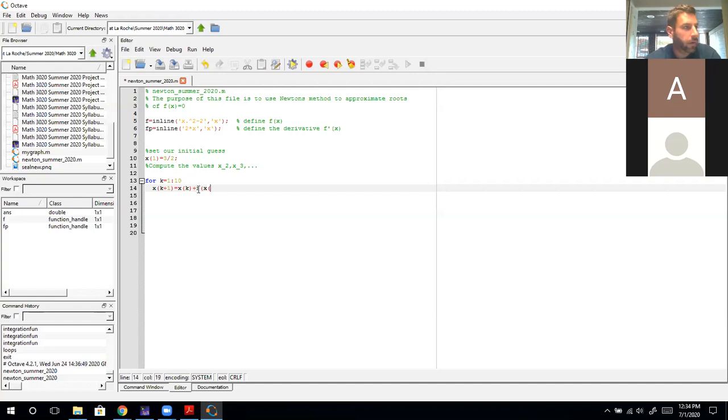This is going to look funny because of all the parentheses. And then you divide by fp evaluated at xk. And then you type end. That's going to calculate x2, x3, all the way up through x10.